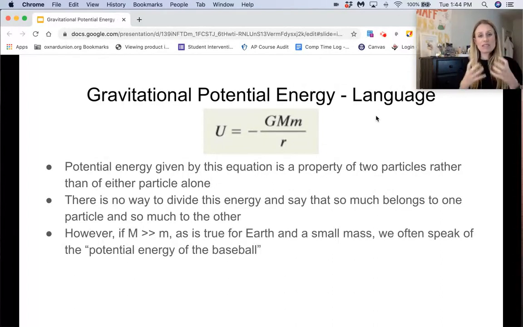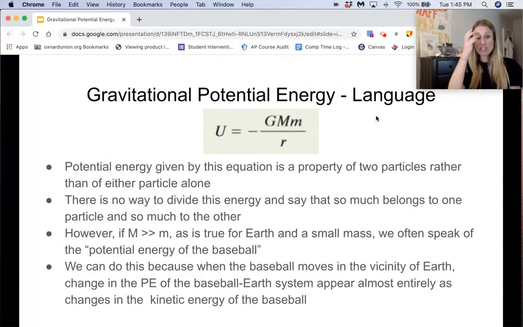However, because our Earth, or whatever planet we're talking about, has a mass so much bigger than the mass of an object moving around in that planet's gravitational field, as is true for Earth and a small mass, we often speak of the potential energy of the baseball, or that little mass. We can do this because when the baseball moves in the vicinity of Earth, the change in potential energy of the baseball-Earth system appears almost entirely as changes in the kinetic energy of the baseball.